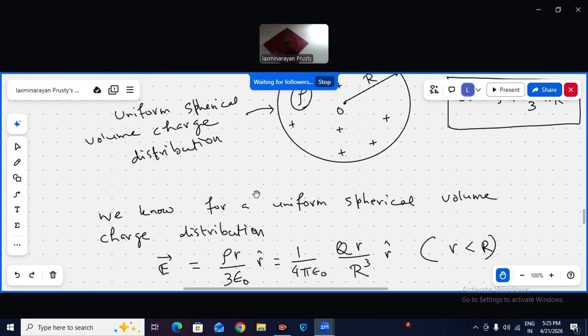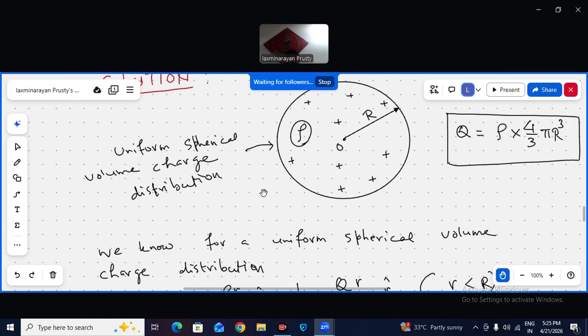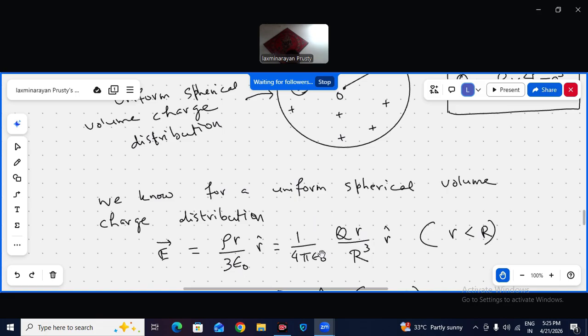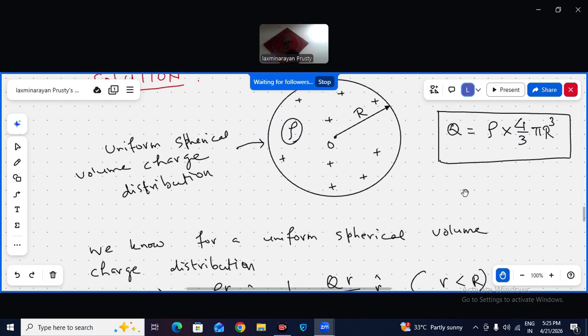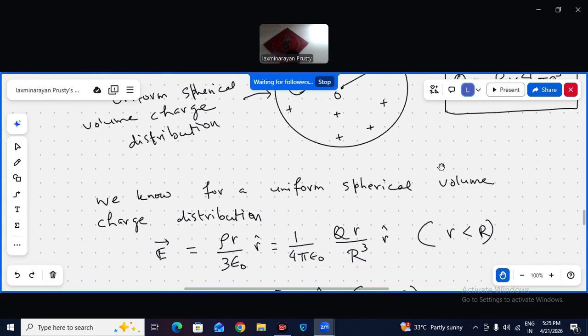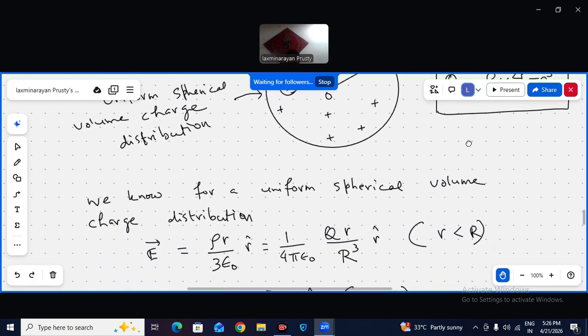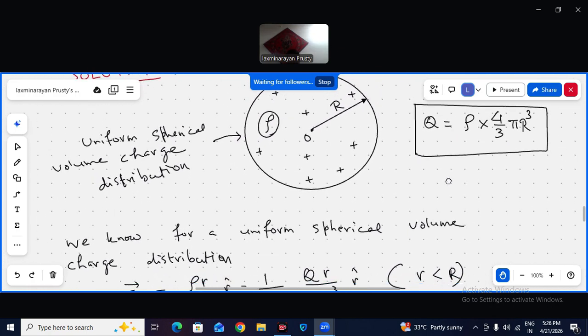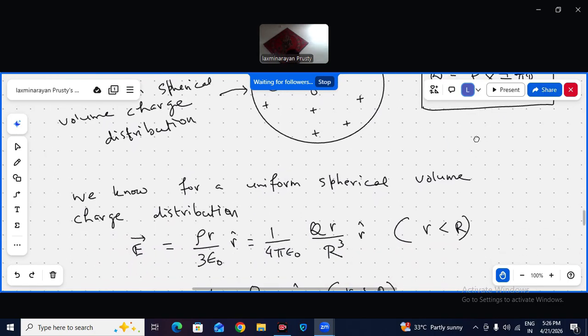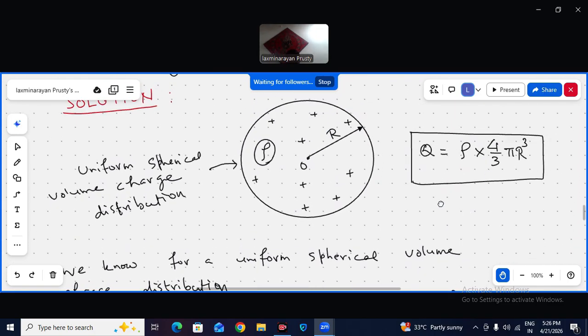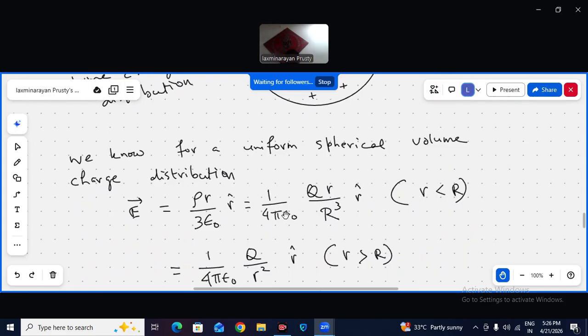Already you must know the electric field of a uniformly charged spherical volume charge distribution is rho r by 3 epsilon 0 r cap. If I want to write it in terms of Q, then rho can be written as Q by 4 by 3 pi R cube, so the field is Q r by 4 pi epsilon 0 R cube.